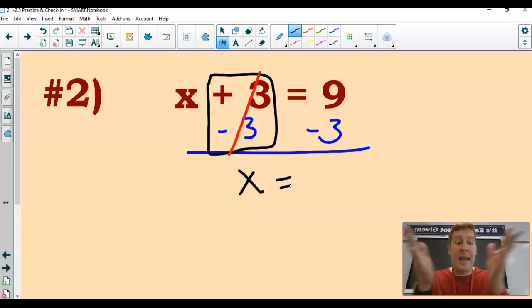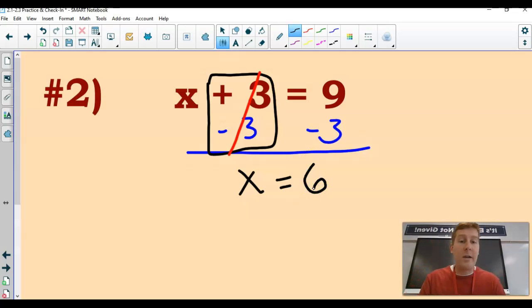The equal sign acts as your balance point, so everything on the left-hand side has to equal everything on the right-hand side. Since we subtracted 3 from the left-hand side, we also have to subtract 3 from the right-hand side to keep the equation in balance. So 9 minus 3 gives us 6.